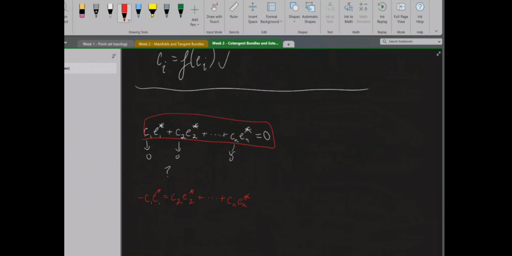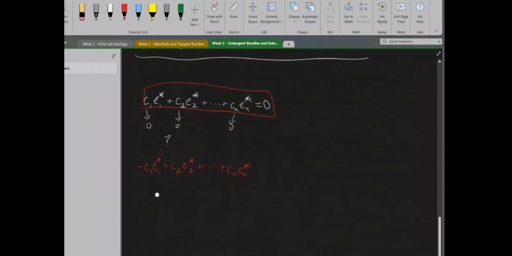Now, note, let's see. Note how this acts on e1. This is just negative c1, right? Because this is just 1.